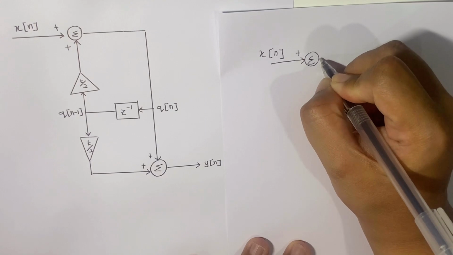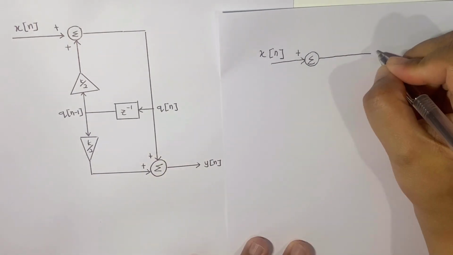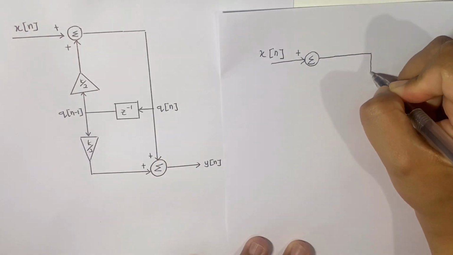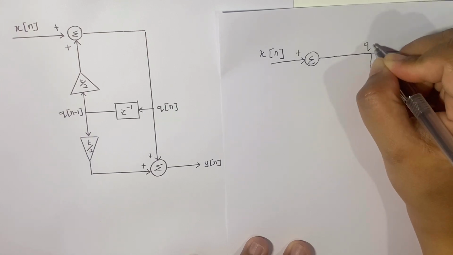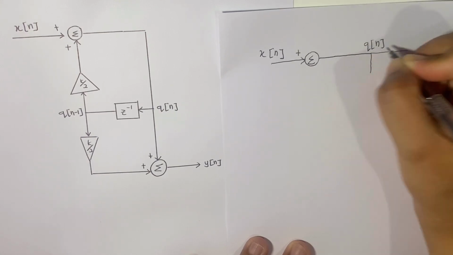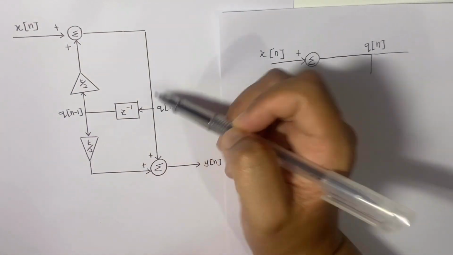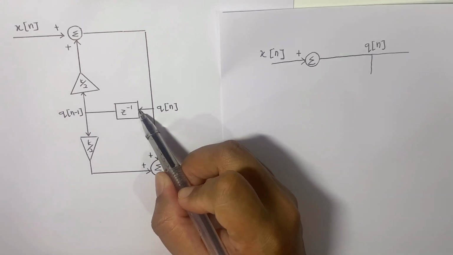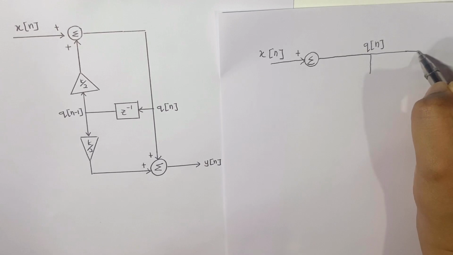You can draw it as a straight line, so you can find q[n] here with an arrow, like this. Okay, I will draw it again, a straight line, with an arrow here and an arrow at the bottom.